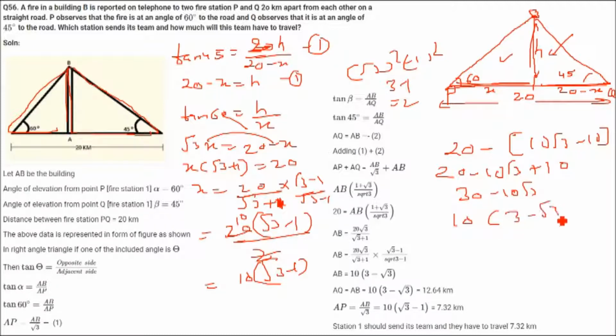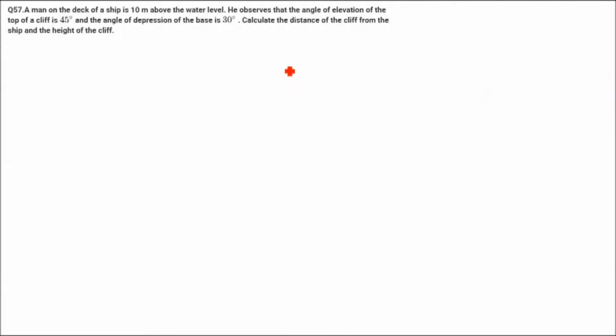Taking 10 outside, this distance is 10(3 minus root 3). You can put root 3 as 1.732 and get the two answers in decimals also: 10(3 minus root 3) and 10(root 3 minus 1).